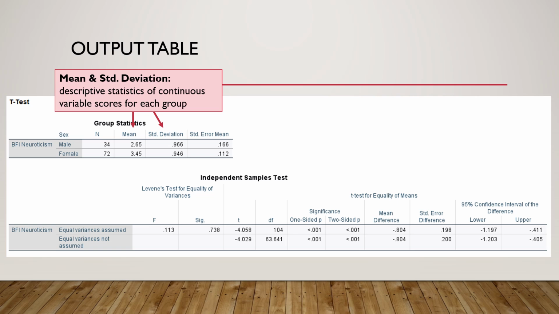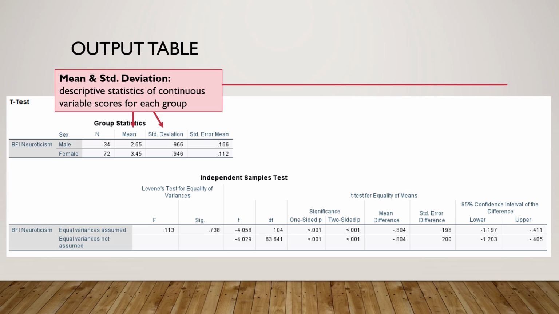There was 34 of them in our data set. And a standard deviation, that spread of scores, of 0.97. You then have your female population who had an average score of 3.45 and a standard deviation of 0.946. There were 72 of them, by the way. So those are the information about your individual groups.